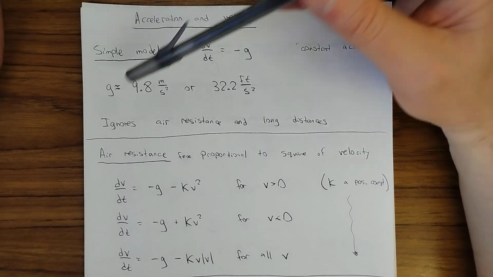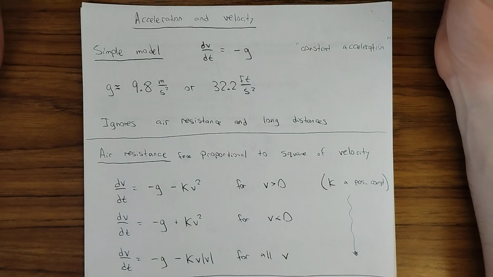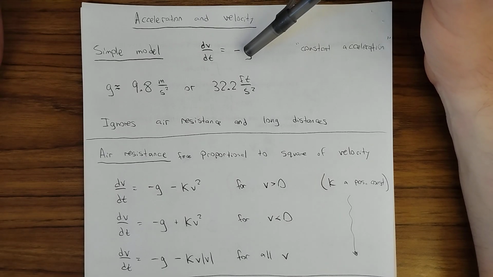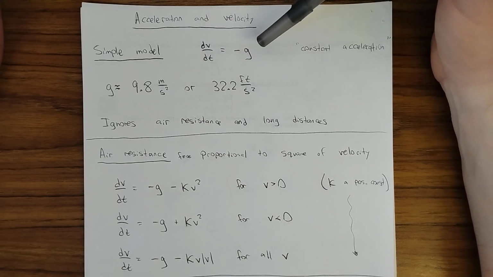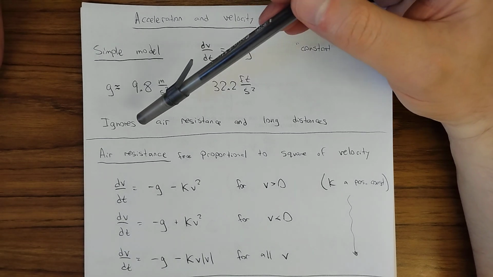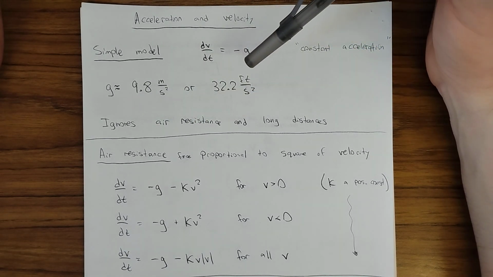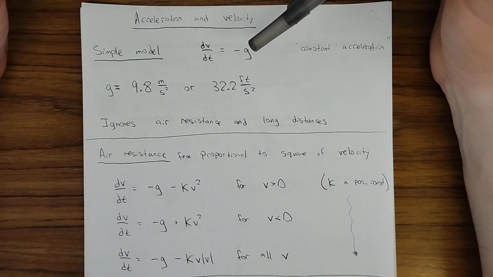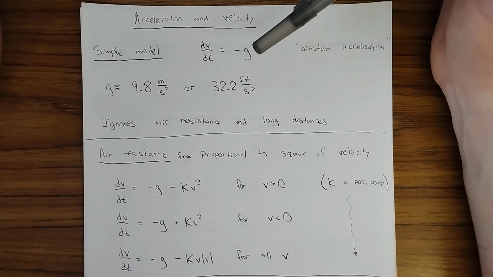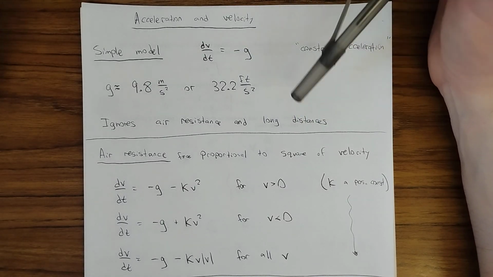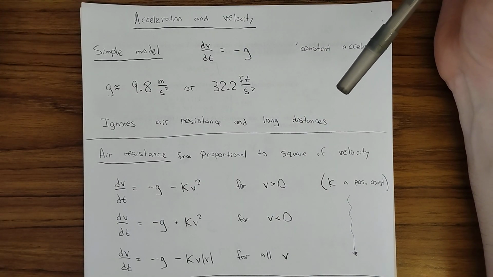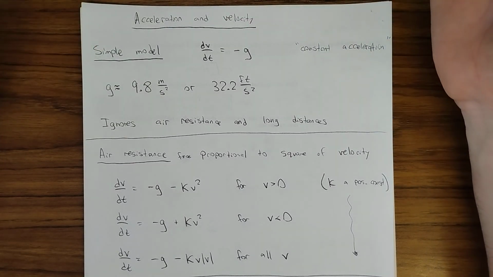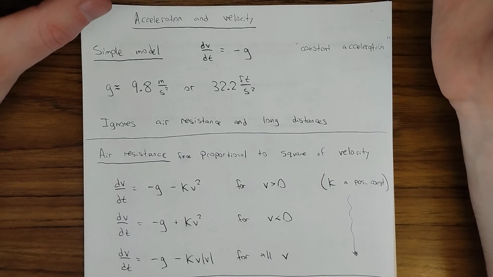And this ignores some things that may or may not be important. Like if your object is not moving too fast or too far, then this is a decent model. But if it's moving very fast, then maybe you should keep track of air resistance, because this ignores air resistance. Also, this ignores the effect of traveling long distances, because the truth is gravity is stronger or weaker depending how far apart two things are.